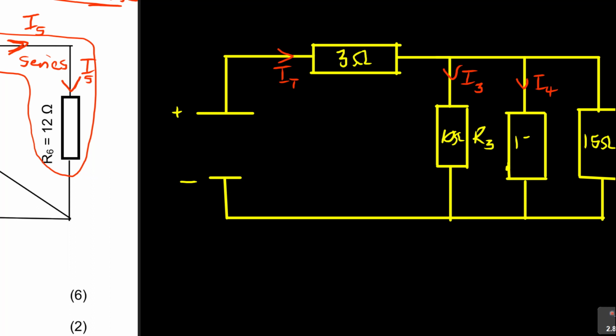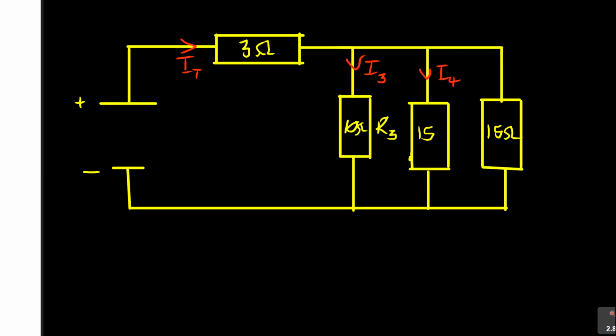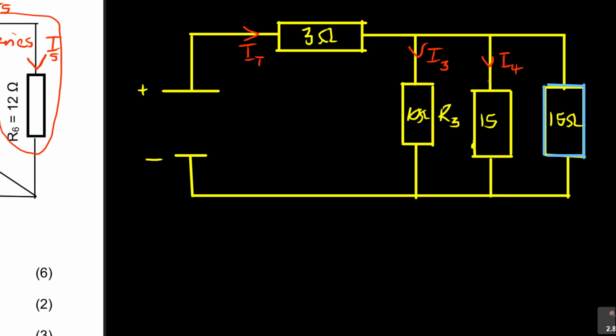See that? And then we said it is 15 ohms. But the one that I have already added, I'm going to use a different color, is this one. Remember, it was not the original. We did something here. Are you seeing that? So now that's where I got my I4, my I5 here.